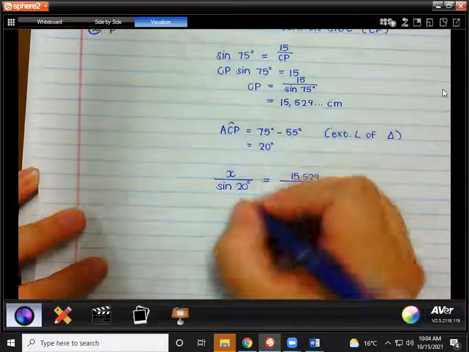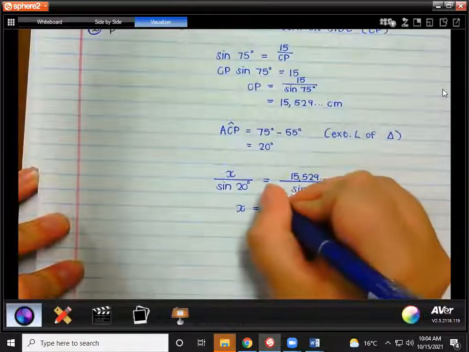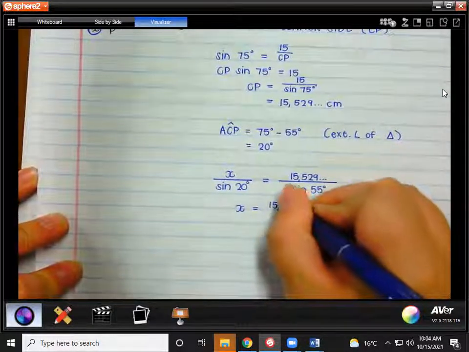And now we're just going to solve for x like we have been doing. We're going to multiply the sine 20 on the other side.